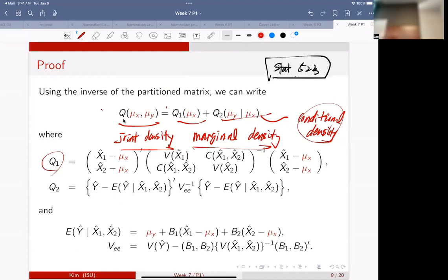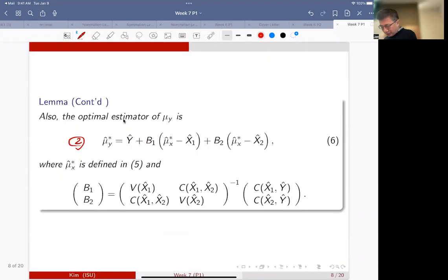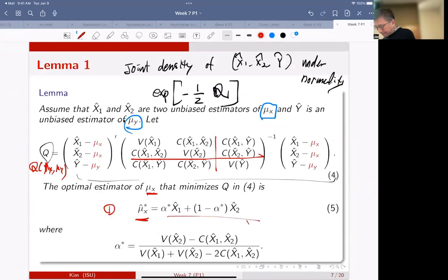Now, what is the minimizer of Q1? This is doable, since you have a 2x2 matrix inverse, which is not really difficult. That gives this solution.